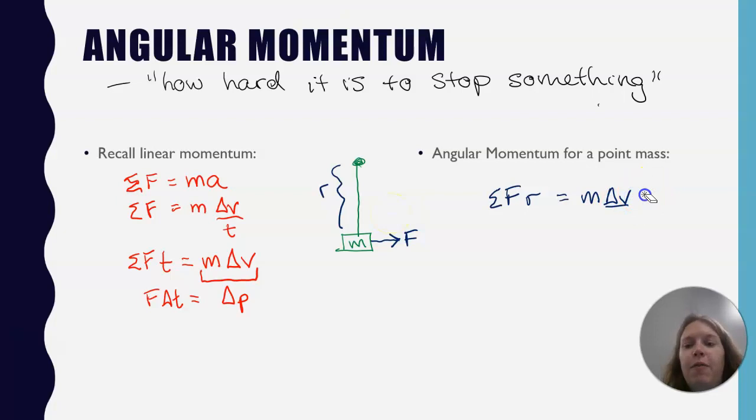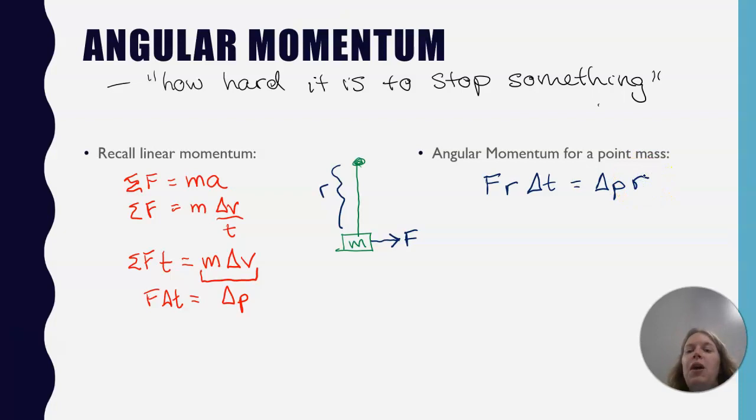So if we take our impulse equals force times time equation, but then we think just there's a torque acting, so we have a force applied some distance from the pivot point for some period of time, that's going to cause a change in momentum with respect to that pivot point.